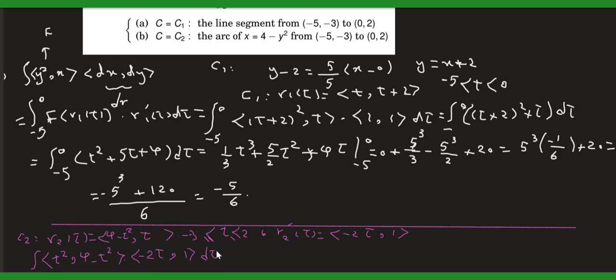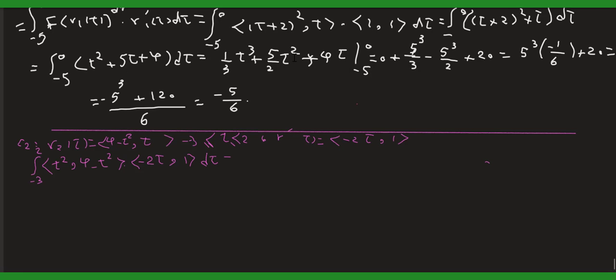So here we will have this multiplication, from minus 3 to 2, the integral of minus 2t cubed plus 4 minus t^2 dt. So we can get the integral minus 2 over 4 is minus 1 over 2 t to the fourth plus 4t minus 1 over 3 t cubed. T changes between minus 3 and 2.